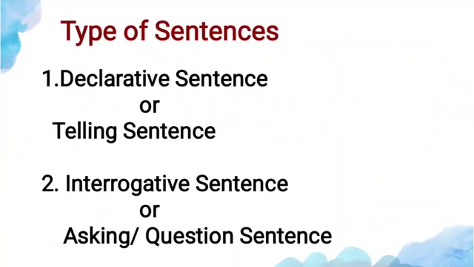Now dear children, understand that we have 5 types of sentences. But we will be doing 2 types of sentences in this chapter. Number 1, declarative sentence or telling sentence. Number 2 is interrogative sentence or asking sentence.